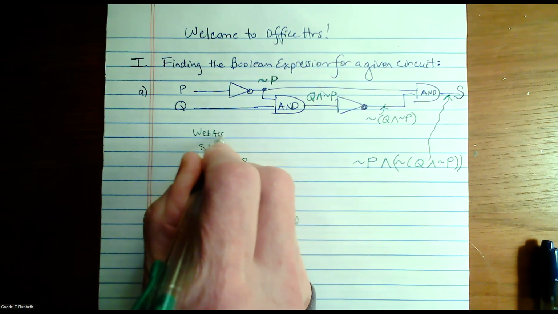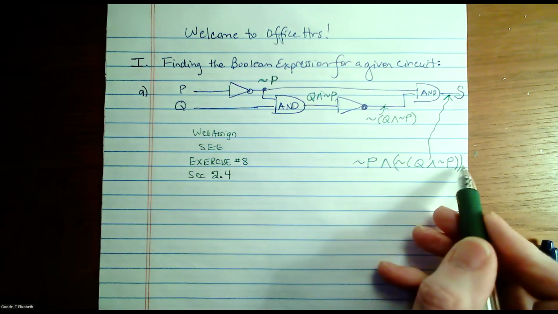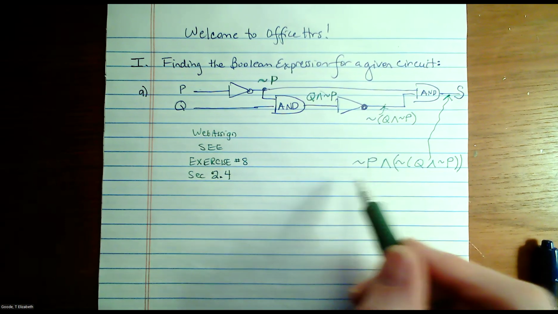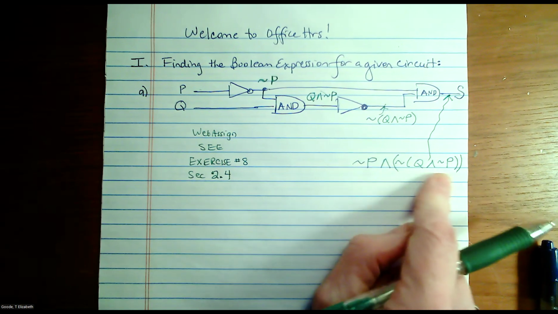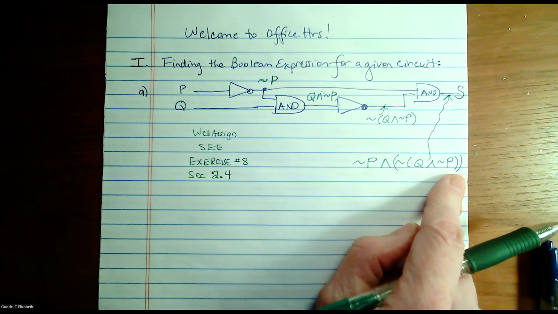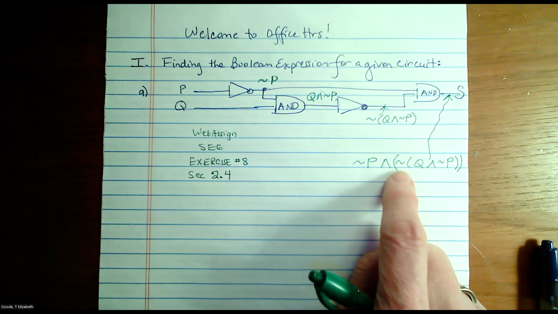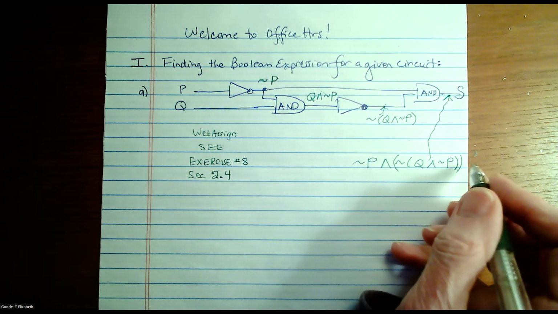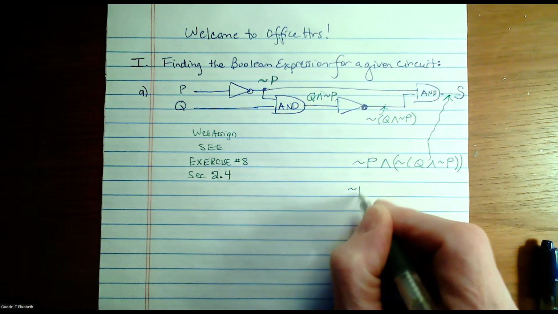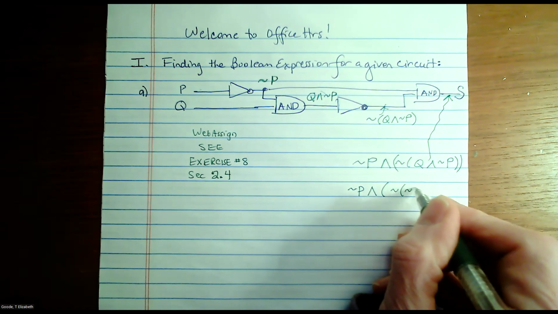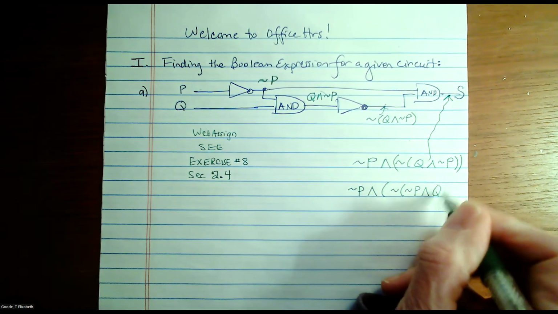In WebAssign, this is the expression that they give us. And then they gave us another expression. And in that exercise, we go through the different laws of logical equivalences, including De Morgan's law. That's one of the ones that we use. In fact, I think De Morgan's law is the first one. Actually, they wrote it like this: not P and the quantity not (P and Q). They wrote it like this.